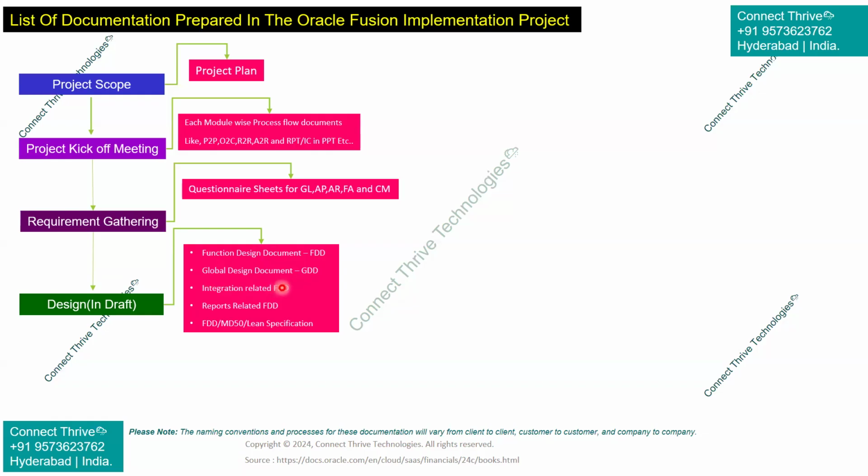At the same time we have an inbound integration: once the payment is done, the system will generate the bank statement, in a BAI2 format, MT940, SWIFT, or else EDIFACT. For that we have to prepare the FDDs for the inbound process.